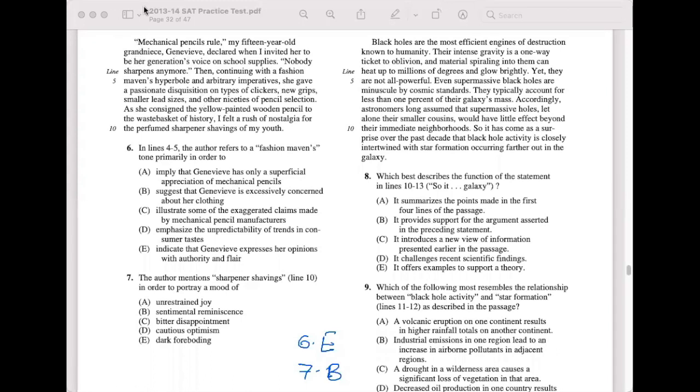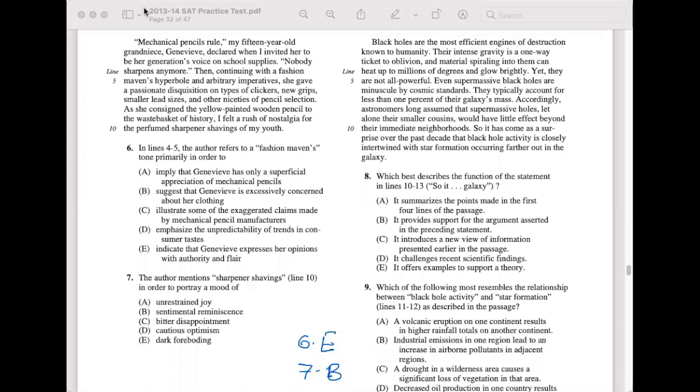Black holes are the most efficient engines of destruction known to humanity. Their intense gravity is a one-way ticket to oblivion, and material spiraling into them can heat up to millions of degrees and glow brightly. Yet they are not all powerful. Even supermassive black holes are minuscule by cosmic standards.